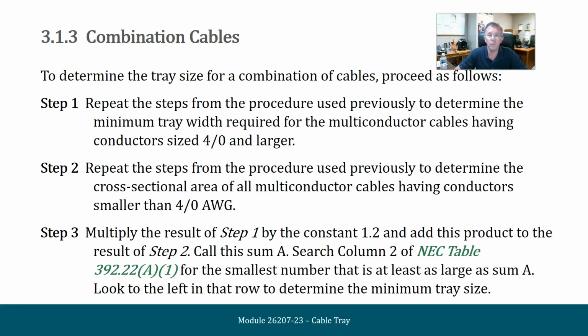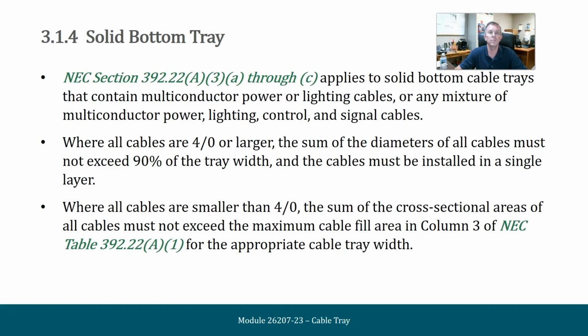Multiply the result of Step 1 by the constant 1.2 and add the product to the result of Step 2. Call this Sum A. Search column 2 of NEC Table 392.22(A)(1) for the smallest number that is at least as large as Sum A. Look to the left in that row to determine the minimum tray size.